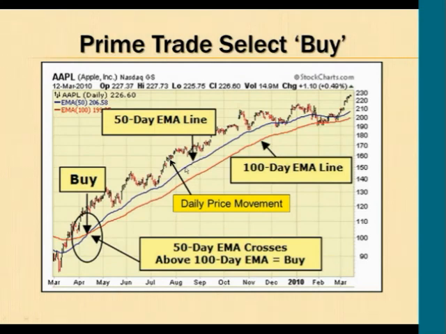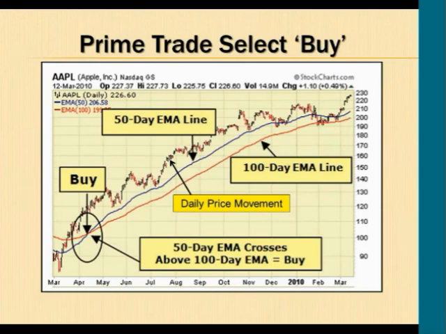Here's an example of a Prime Trade Select buy signal, and we can see right here the 50-day EMA, which is this blue line, crossed above the 100-day EMA. And once it did that, then Apple stock was on a buy signal. And as long as that 50-day EMA remains above the 100-day EMA, then the stock is on a buy signal.